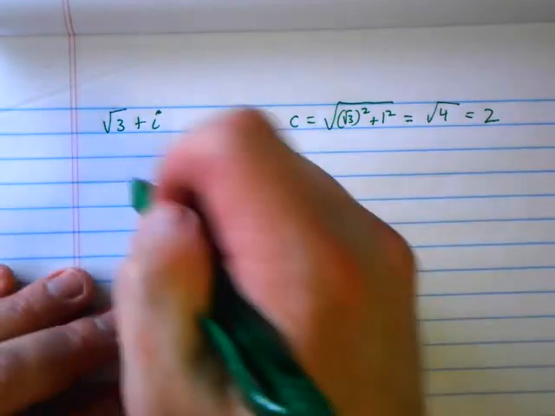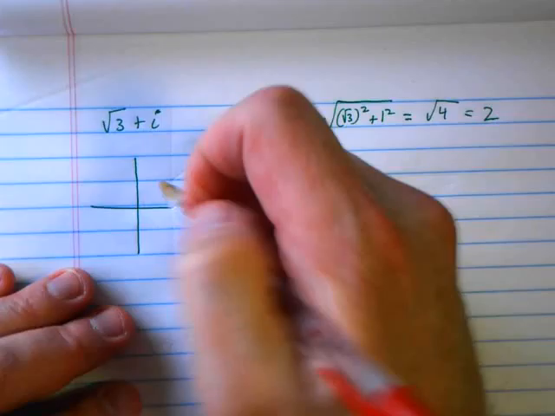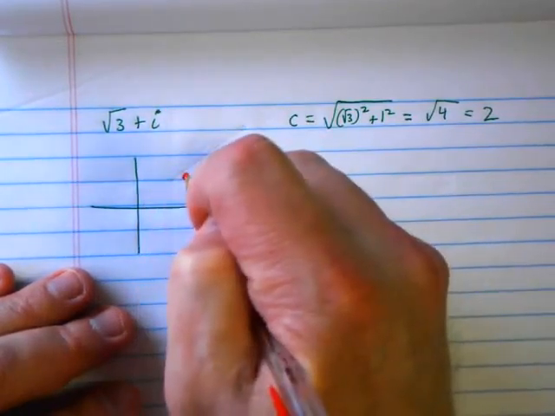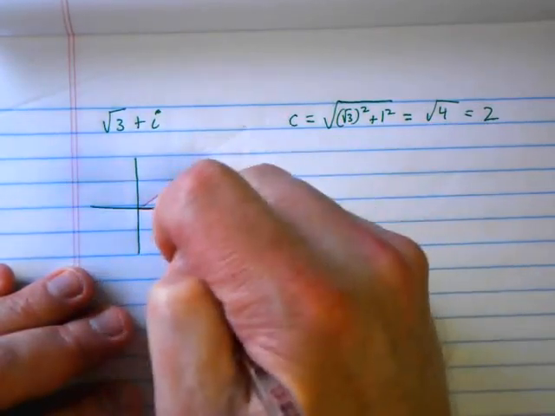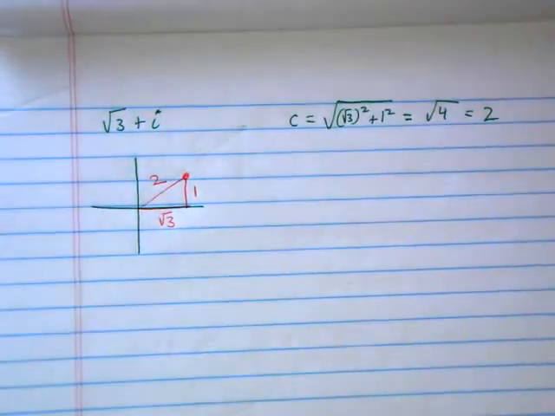All right, again, it might help to draw a picture here. So this is our triangle. This is the square root of 3. This is 1. That one we just determined to be 2.